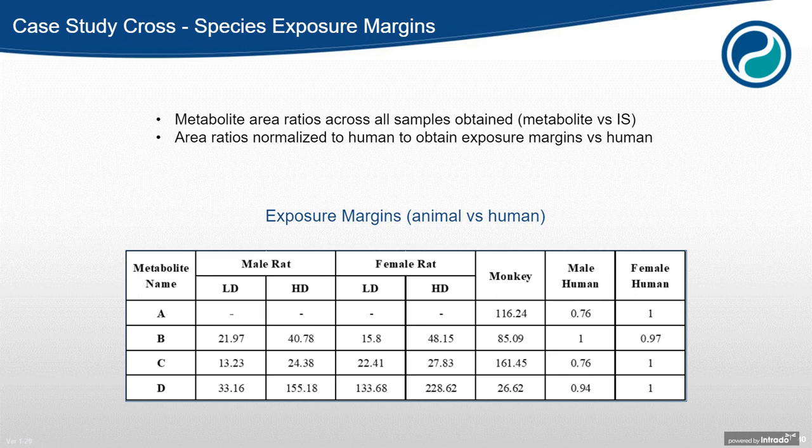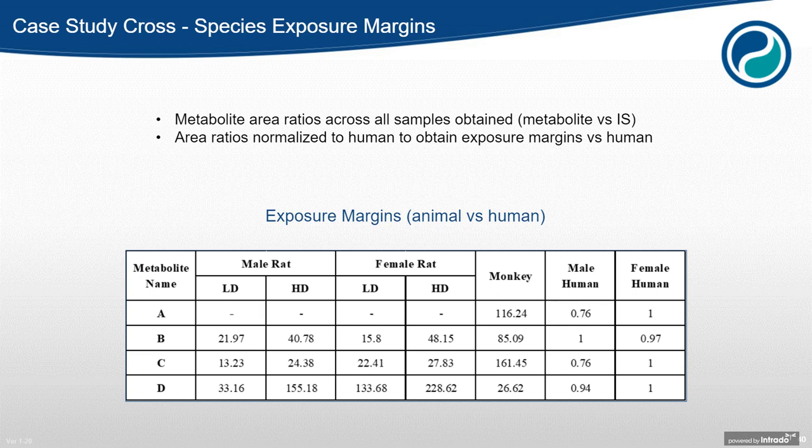In this instance, metabolite A was more abundant in the female than the male, B more abundant in the male, C and D more abundant in the female. So we normalize our area ratios to the most abundant human exposure, and then we compare the area ratios with the animal species. In this instance, you'll notice that all metabolites had exposures of greater than 10-fold in all instances.